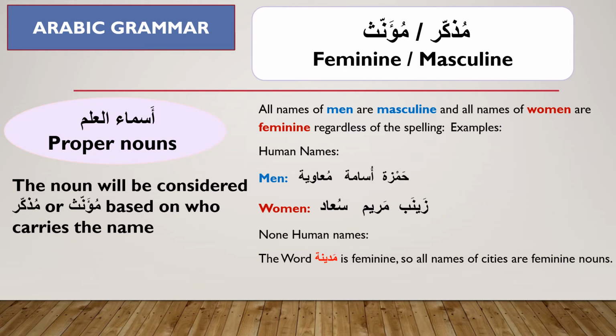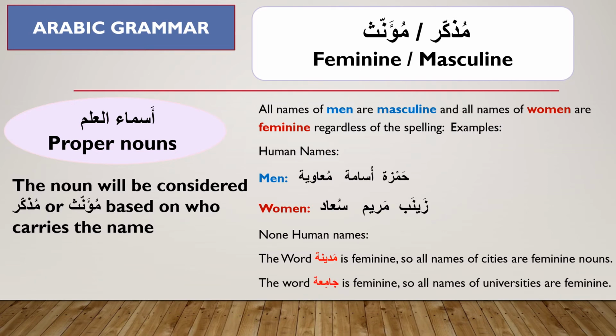San Francisco, صغيرة. New York is a feminine noun because it's the name of a city. Also, San Francisco is a feminine noun because it's the name of a city. All names of cities are feminine because the word Medina is feminine.